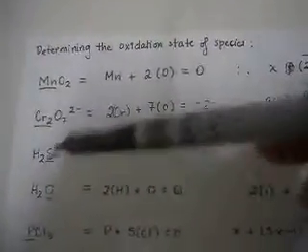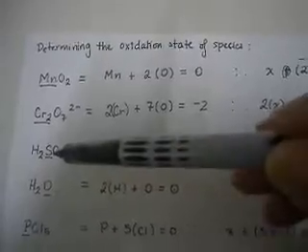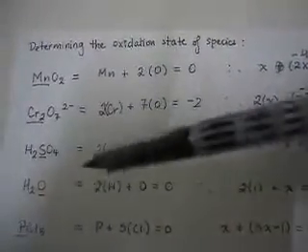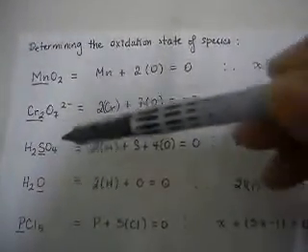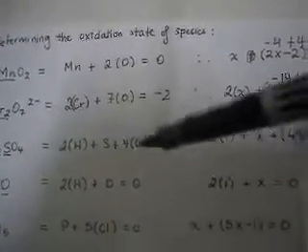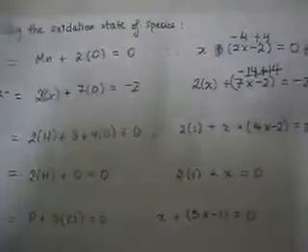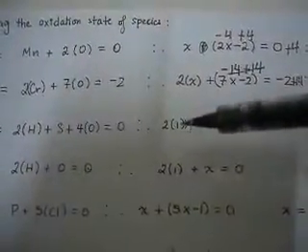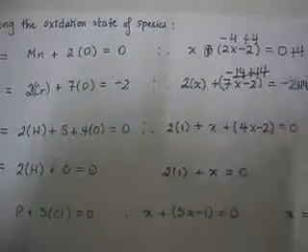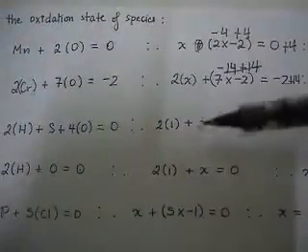We have sulfuric acid here, H2SO4, and we're looking for the sulfur atom. So we write out our equation again. We have no charge above this. So we have 2 hydrogens plus sulfur plus 4 oxygens to give an overall charge of 0. So we're going to have 2 times 1, because the charge of hydrogen is usually plus 1, plus x, plus 4 times negative 2 to equal 0.